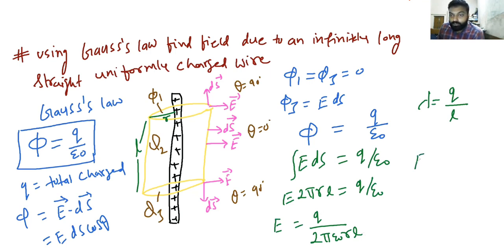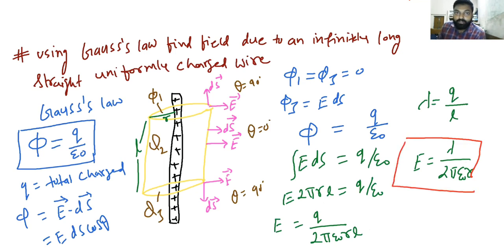So E equals lambda upon 2 pi epsilon naught r. This is the required expression for electric field due to the wire.